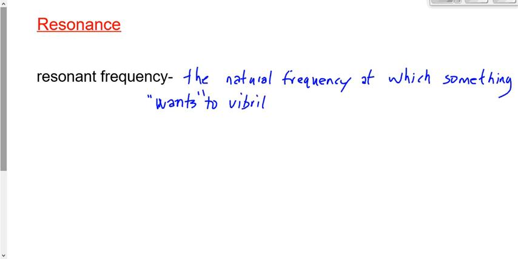I put wants in quotation marks because, of course, an inanimate object doesn't want anything, but it naturally will vibrate at a particular frequency.